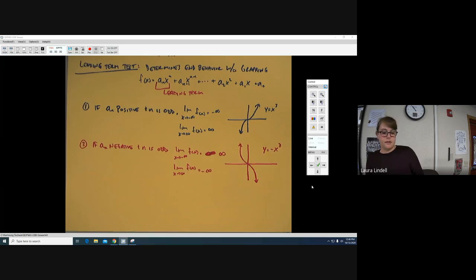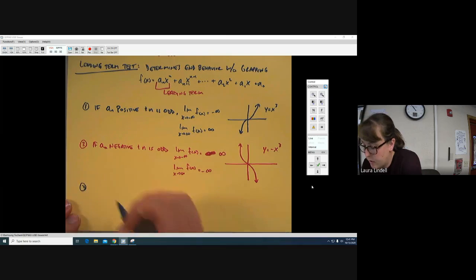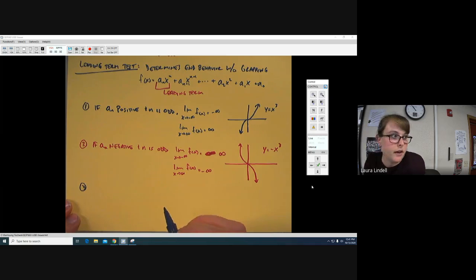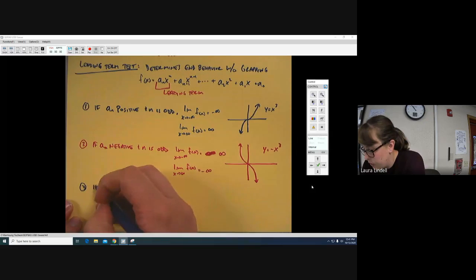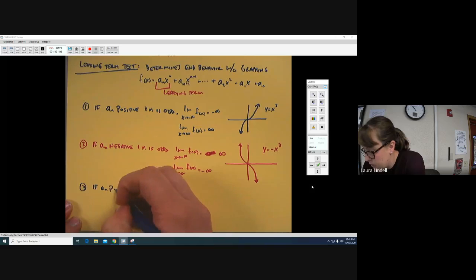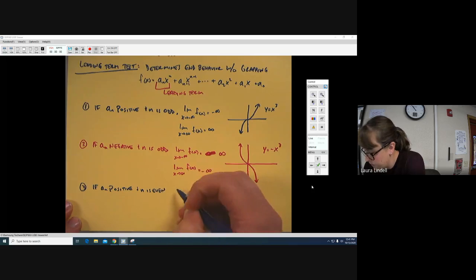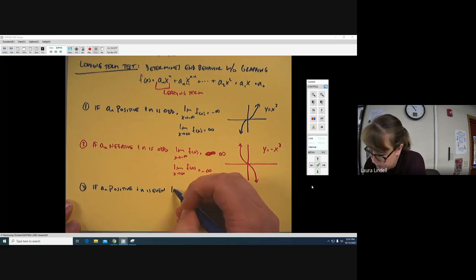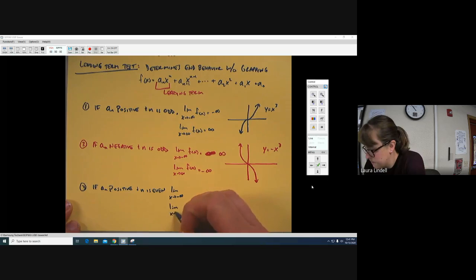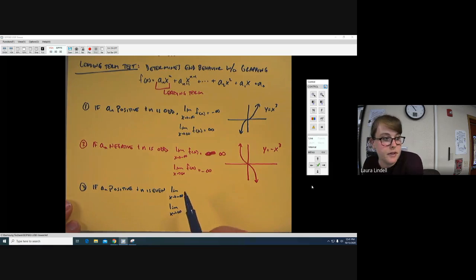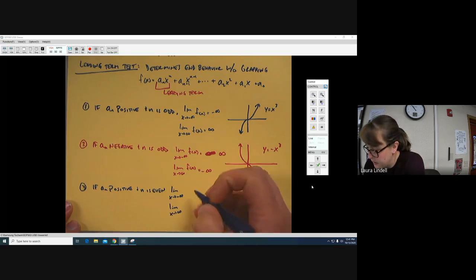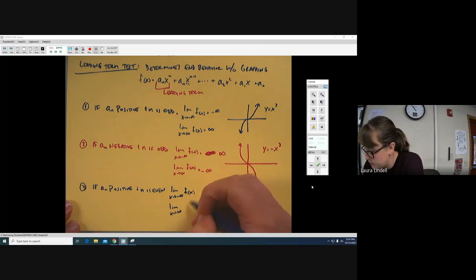Then we have two more cases: the case where n is even and a sub n is positive, or even and negative. So if a sub n is positive and n is even, we have the limit as x goes to negative infinity and the limit as x goes to positive infinity of f of x.